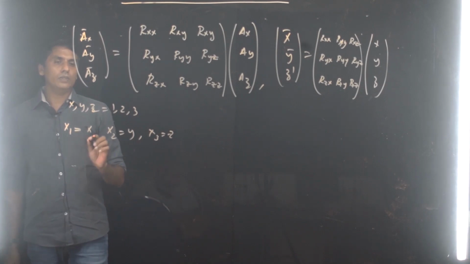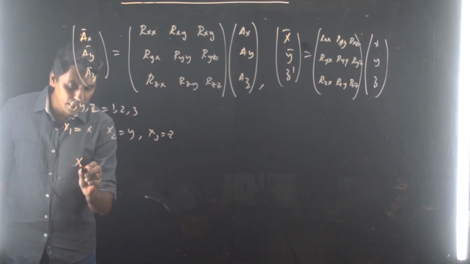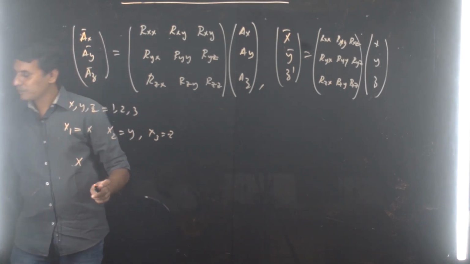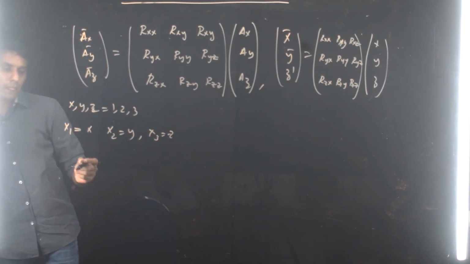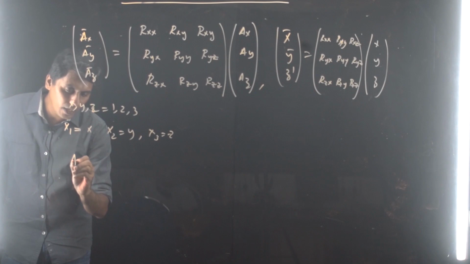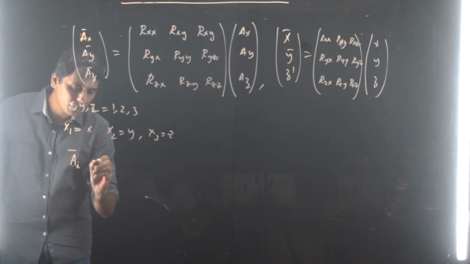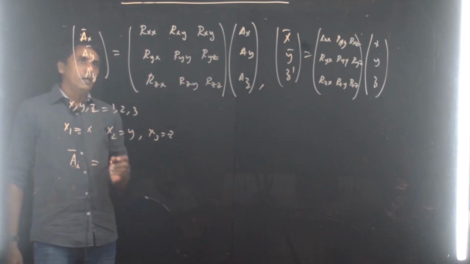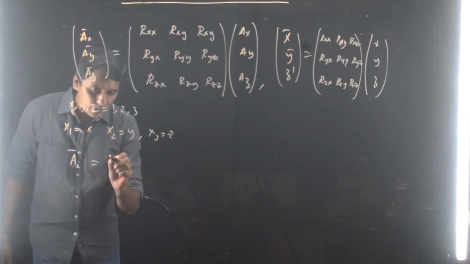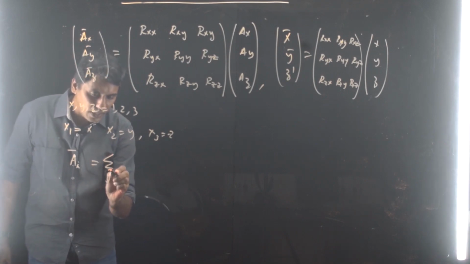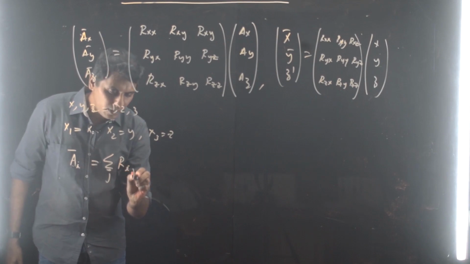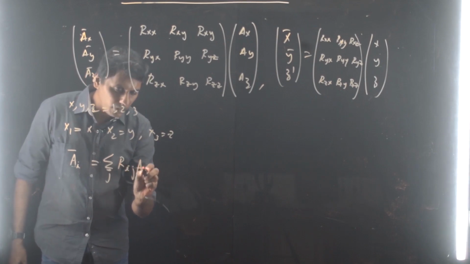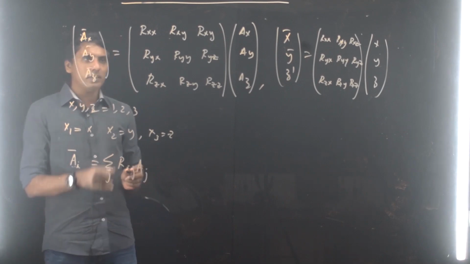Then you can say that a i bar is equal to summation over j of r i j a j.